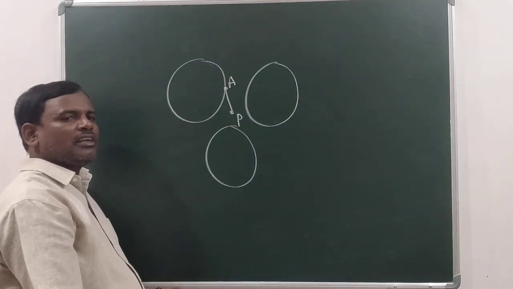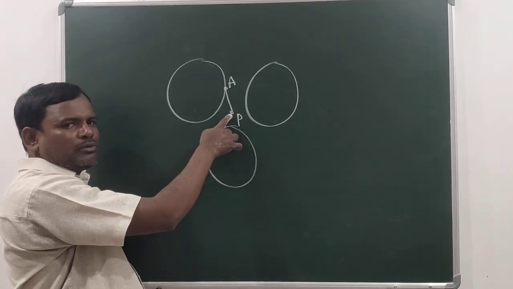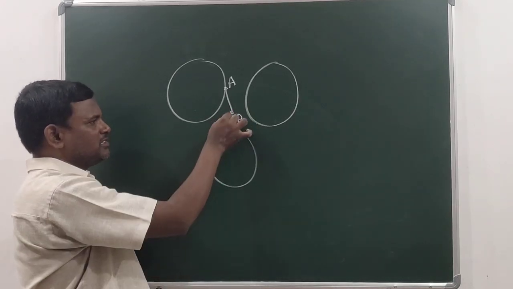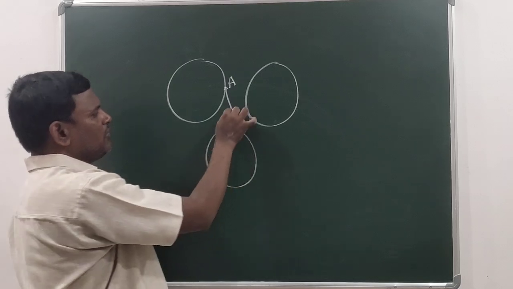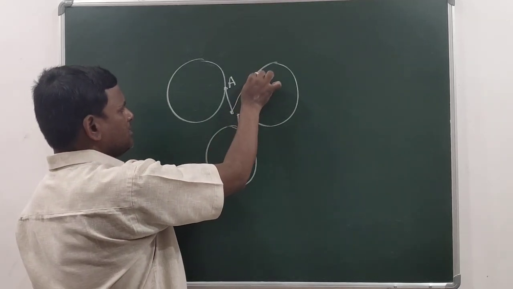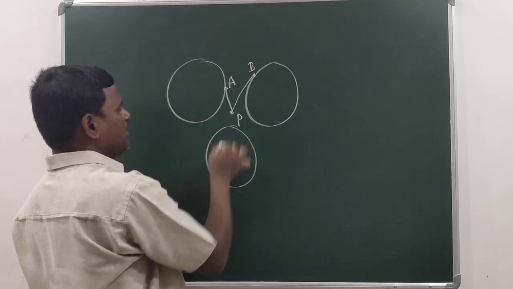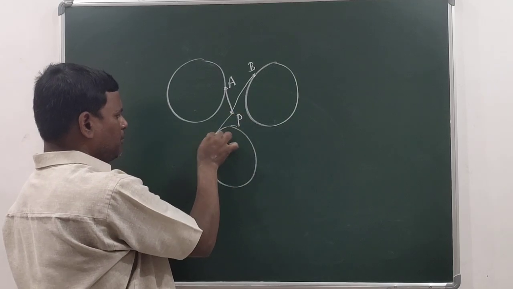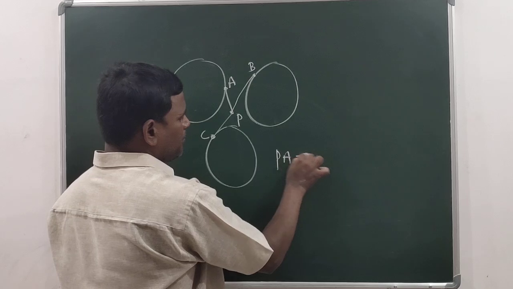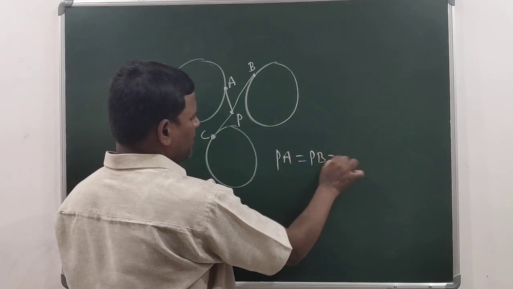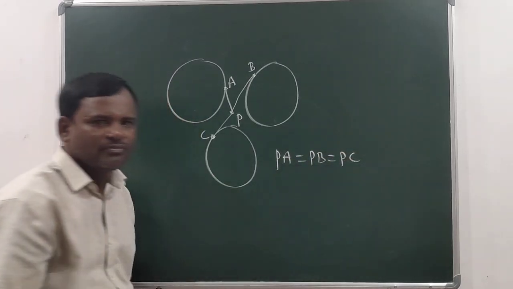Okay, from P to these three circles, draw tangents. See, PA is the tangent drawn to the first circle. If you want to draw the tangent to the second circle, that is PB. And for the third circle, PC. These three will be equal in length. PA equal to PB equal to PC.